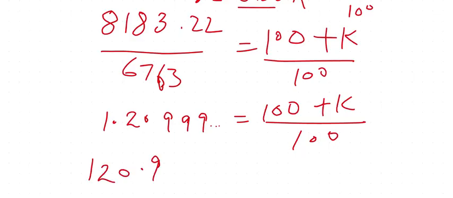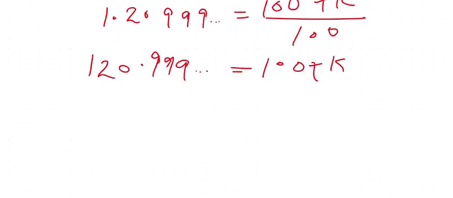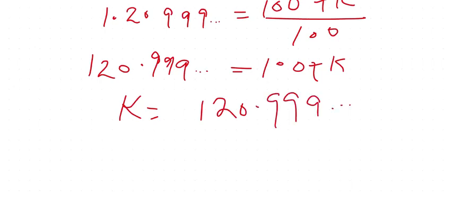Now k equals 120.999 minus 100. So we get k equals 20.999.